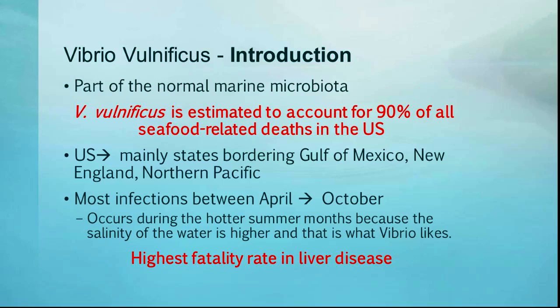Where you usually see those vulnificus-related infections is in the states bordering the Gulf of Mexico, New England area, and northern Pacific regions. Most infections occur in the summer months, which are April to October, and the reason is because Vibrio likes the warmth of the water during those months, and it likes the salinity of the water, and that's why it stays and grows and causes more infections.